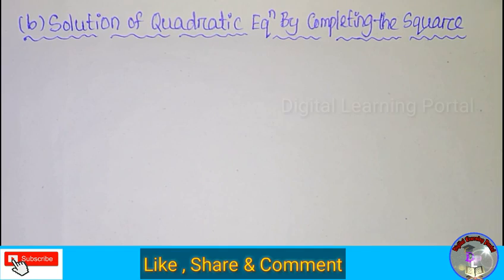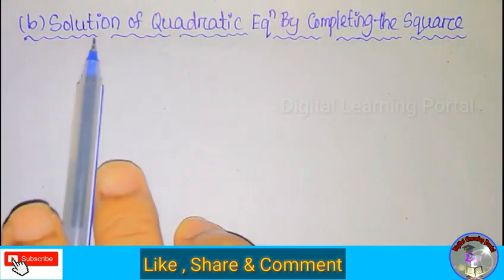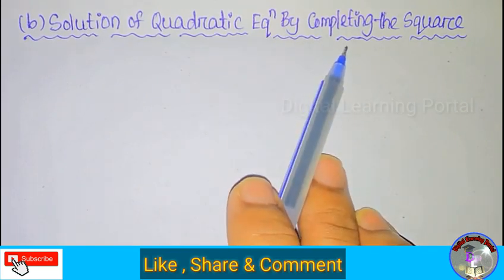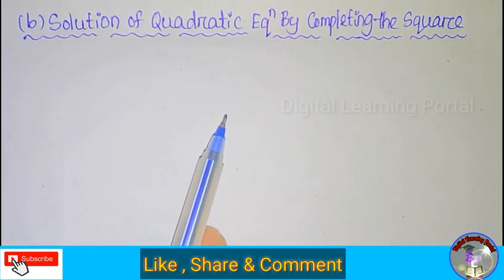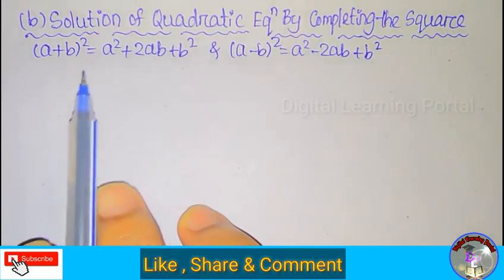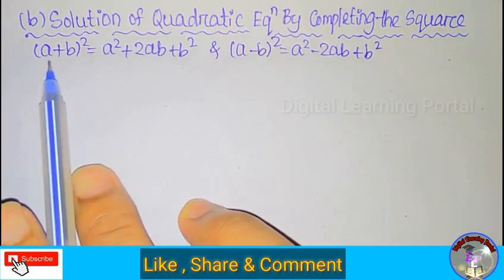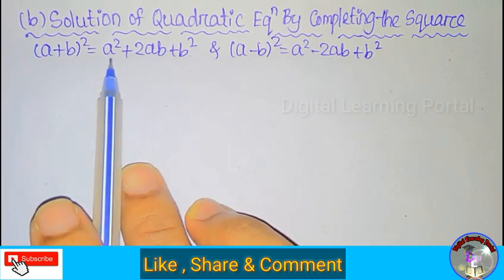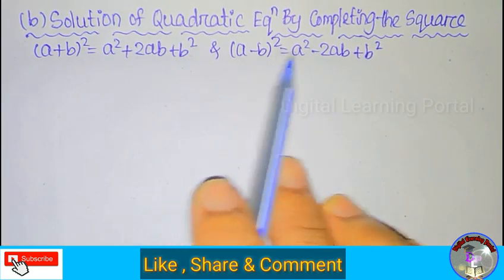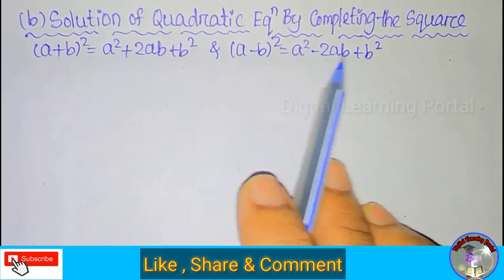Now we will learn the solution of a quadratic equation by completing the square. We will use this formula: (a + b)² = a² + 2ab + b², and (a - b)² = a² - 2ab + b².